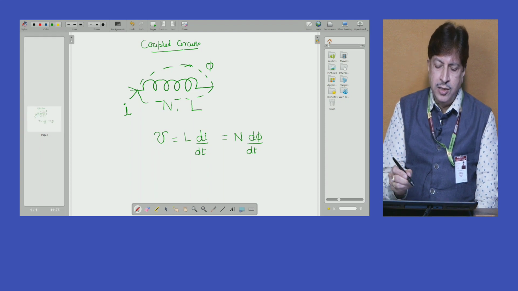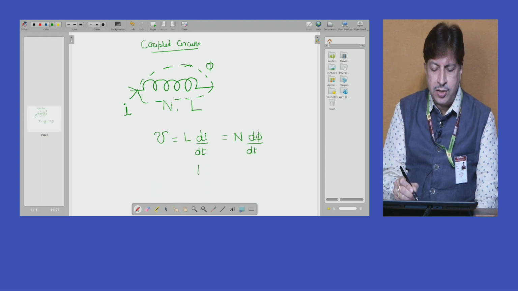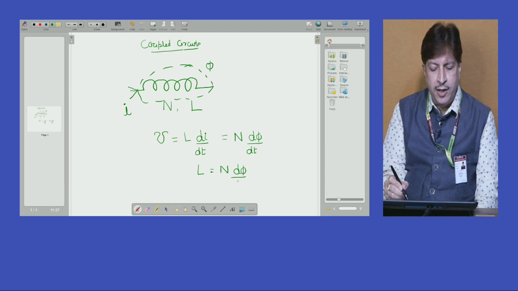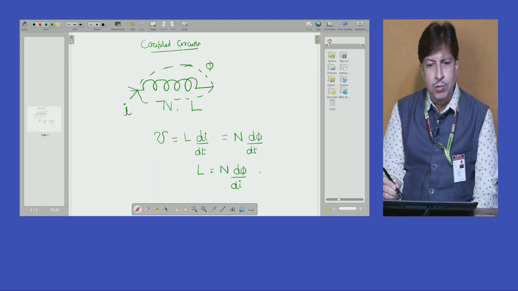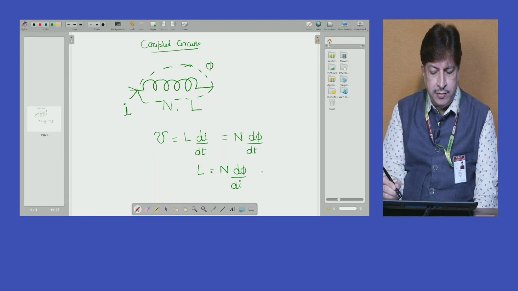Accordingly, this self-inductance L can be expressed mathematically in terms of N, phi, and I like this: L is equal to N d phi by di.